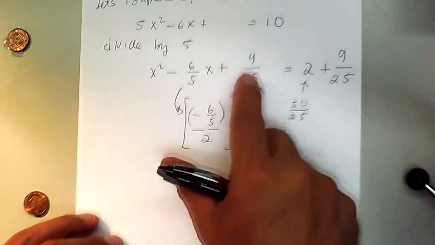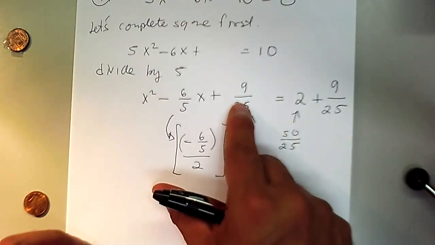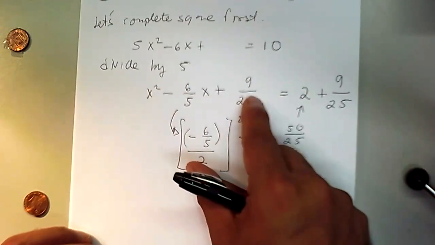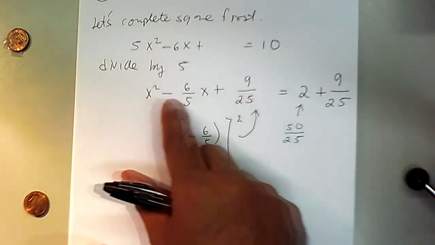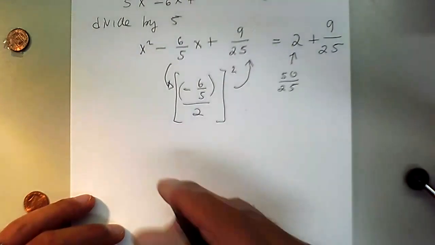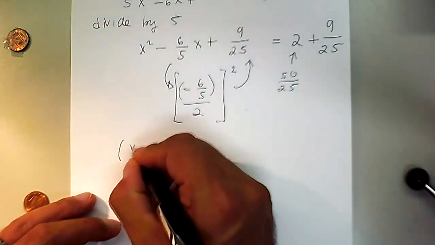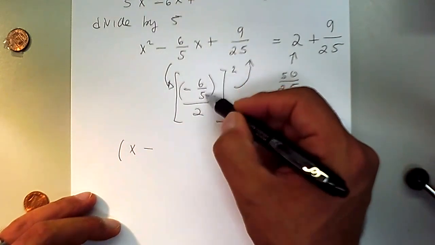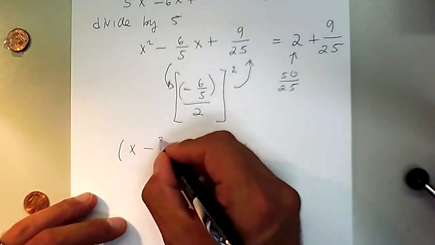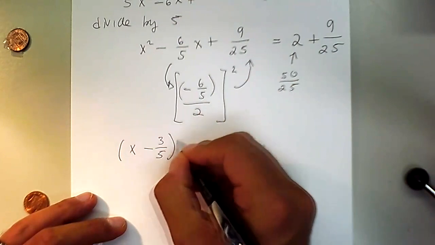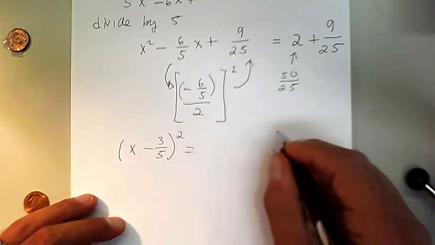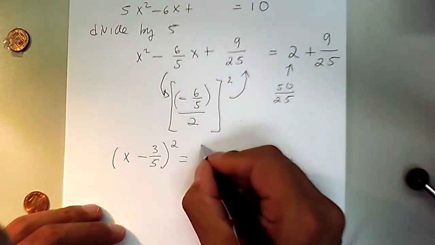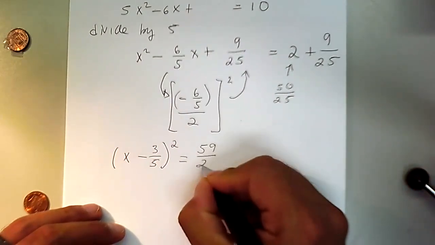We engineer this number so that this trinomial will factor beautifully. It will factor into x minus not 6/5, but 3/5 because we're dividing by 2, 3/5 squared. And we have 9/25 plus 50/25, 59/25.